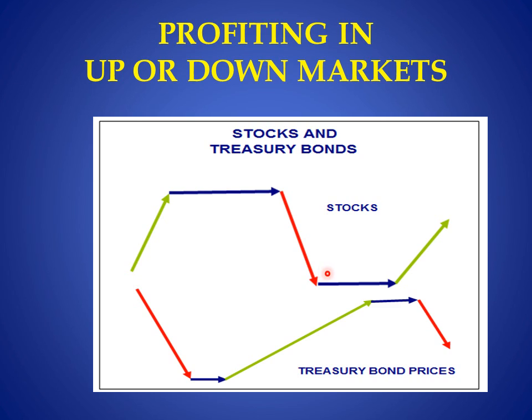But as soon as the stock market bottoms out, that means that now the stock market is saying, wait a minute, maybe we overdid it. The economy is not that bad, so let's see what happens. So the stock market bottoms out.